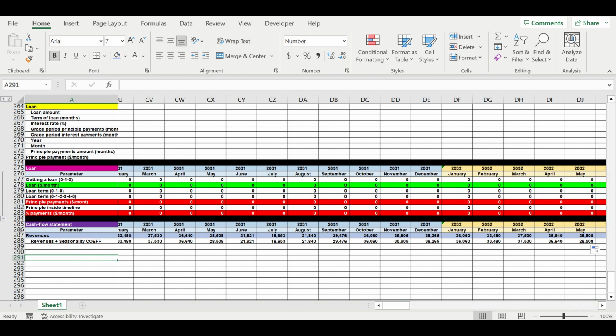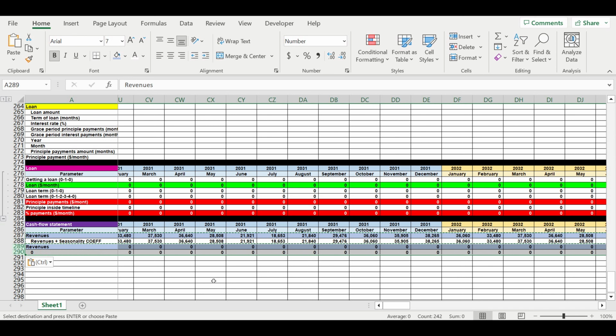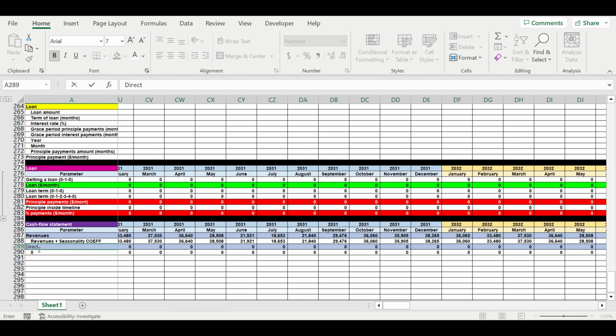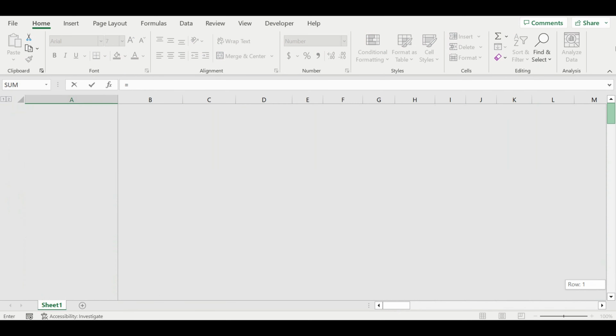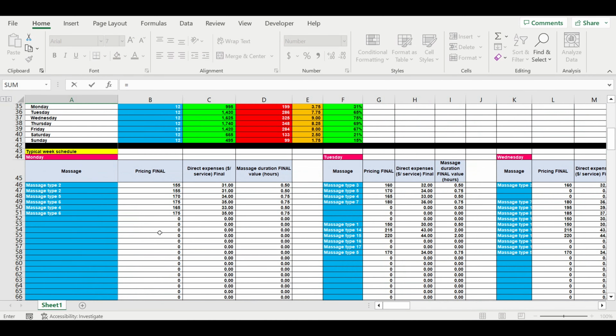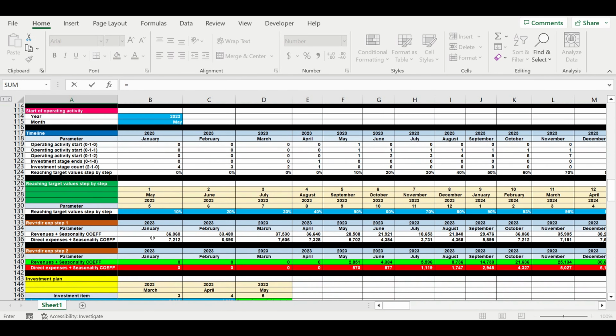Now we are adding direct expenses. I'm going up, and now I'm searching for the direct expenses line.